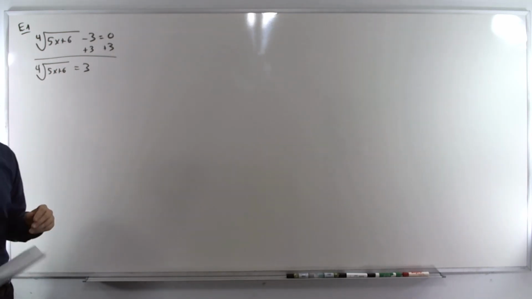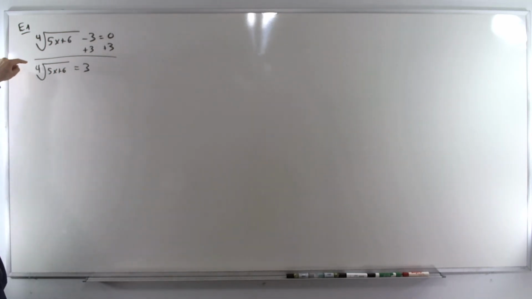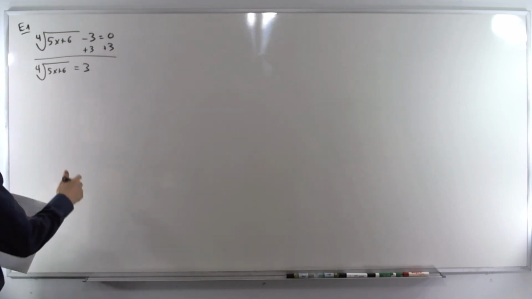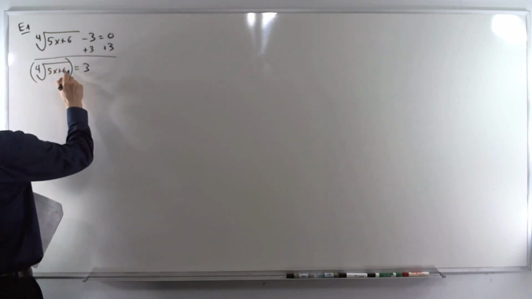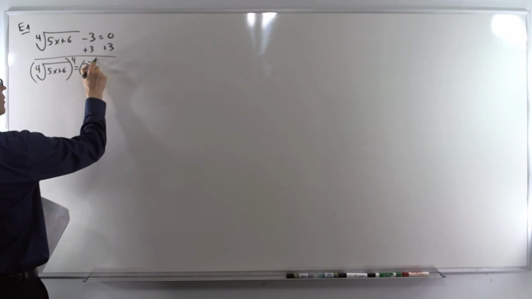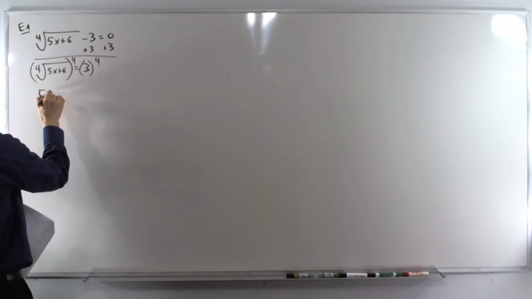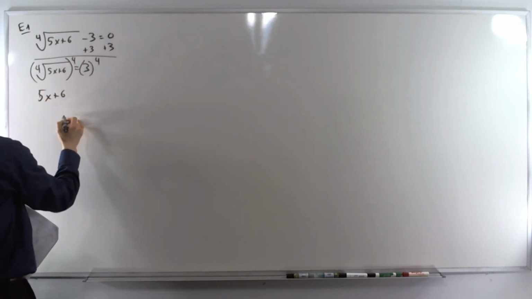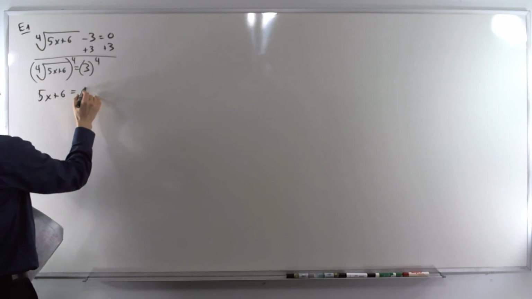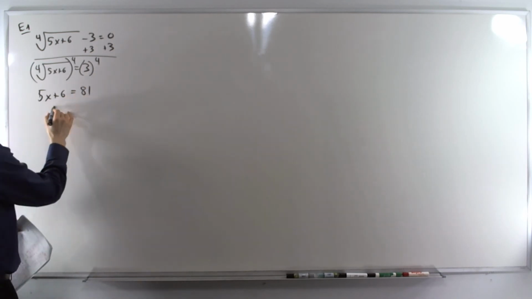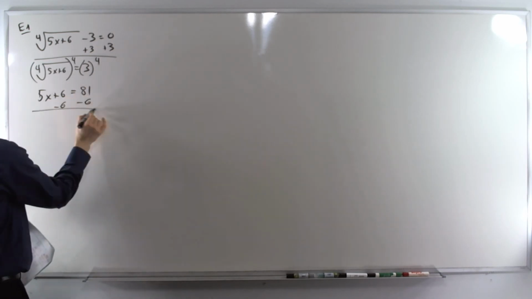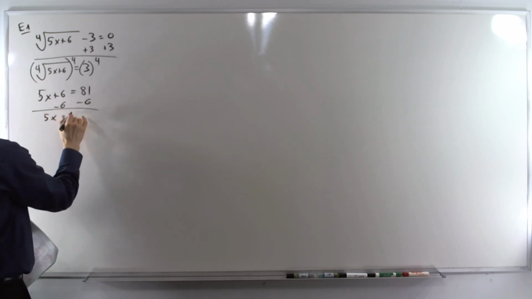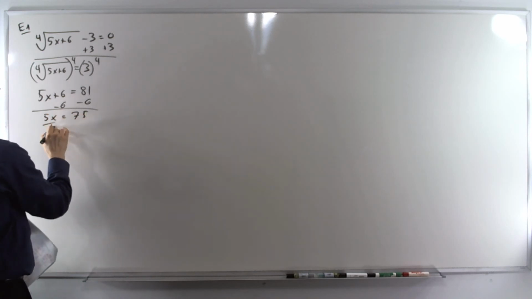Now we're going to raise each side of the equation to a power that equals the index. So that'll be the fourth power. So we get 5x plus 6 equals 3 to the fourth, which is 81. Solving. 5x equals 75.